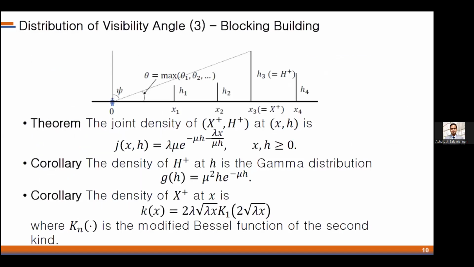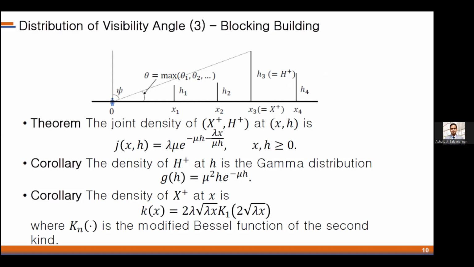And the next thing is that we want to investigate the distribution related to the blocking building, which creates the blockage angle. So here, X plus and H plus are the main things of interest. The theorem here is that we obtain the joint density of X plus and H plus in closed form.